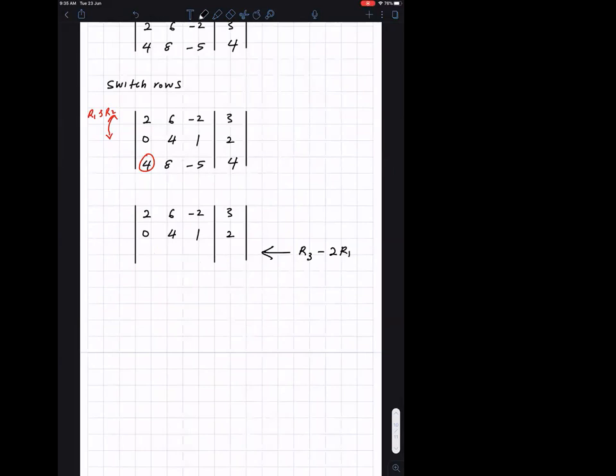That's going to give me row 3 is 4, 8, minus 5, 4. 2 times row 1 is 4, 12, minus 4, 6. 4 minus 4 is 0. 8 minus 12 is minus 4. Minus 5 minus 4 is minus 1. 4 minus 6 is minus 2.